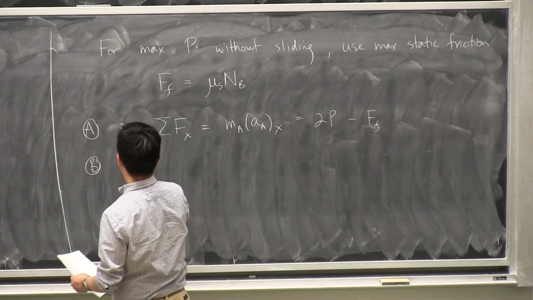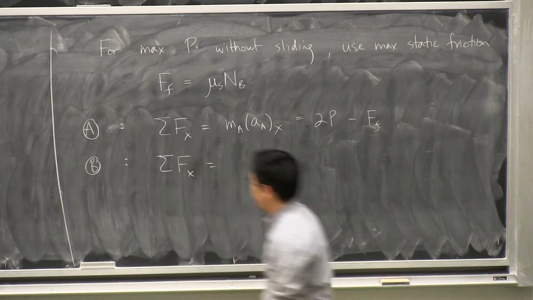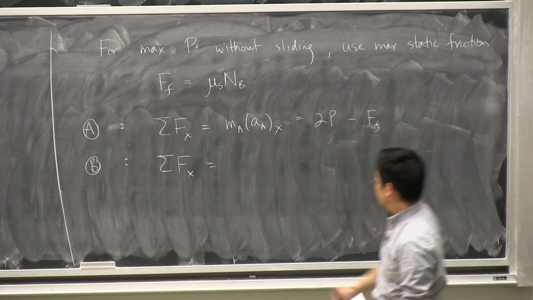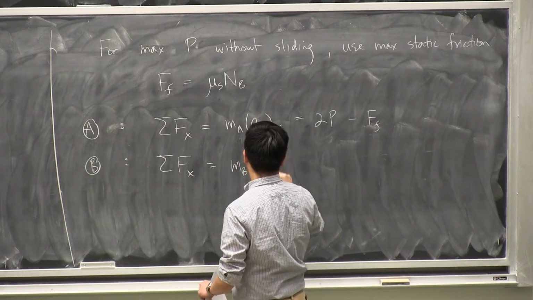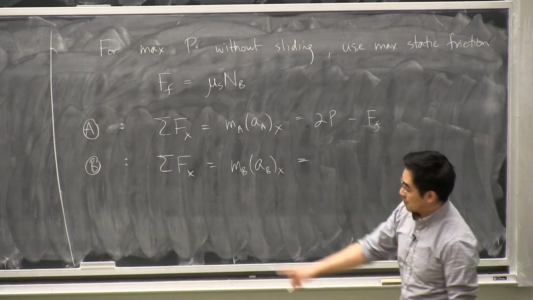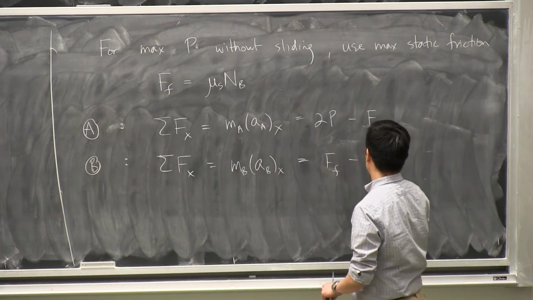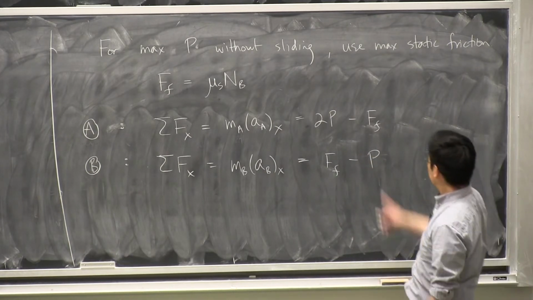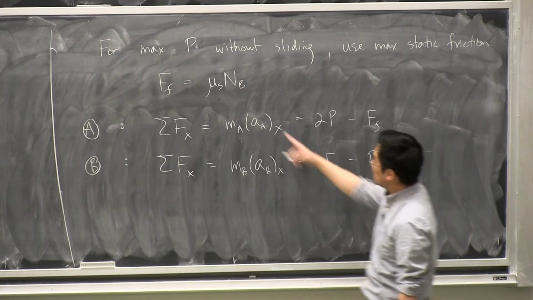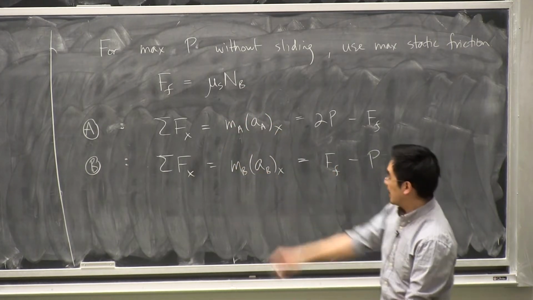For B, the sum of forces in the x direction must be mB a_Bx. And so that looks to me very simply to be Ff minus a single P. Okay, these are your mu s and NB. NB is certainly unknown right now, but you can figure that out maybe.